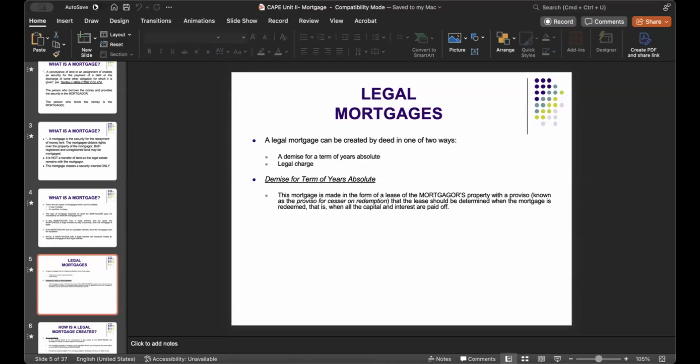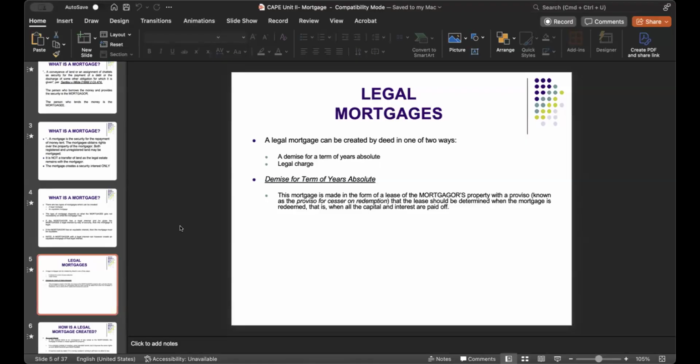Proviso for cesser on redemption. That is basically saying in fancy terms that the lease should be determined when the mortgage is redeemed. Redeemed meaning that when you pay off your mortgage, all the capital and all the interest are paid off in full.